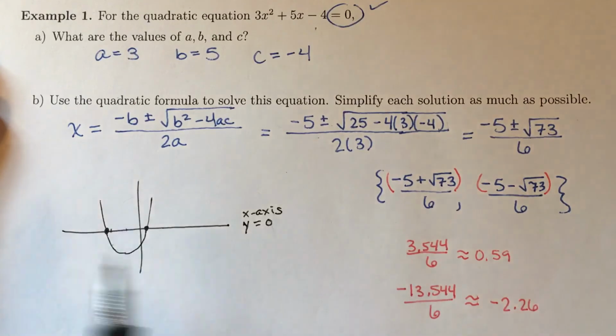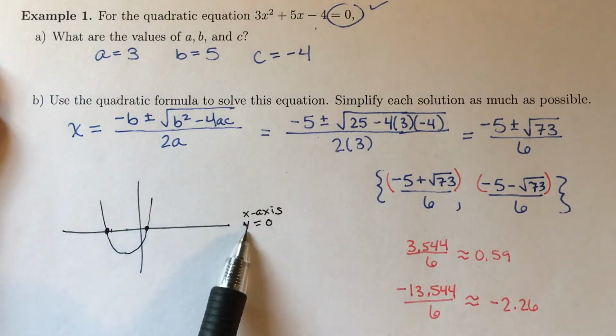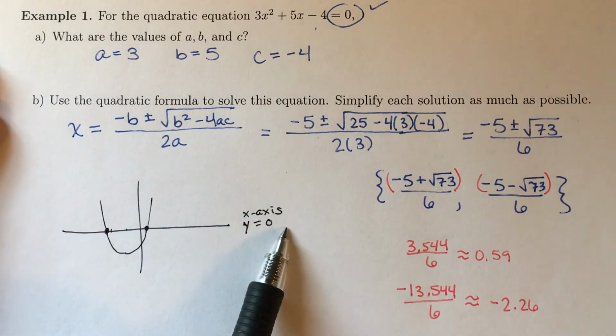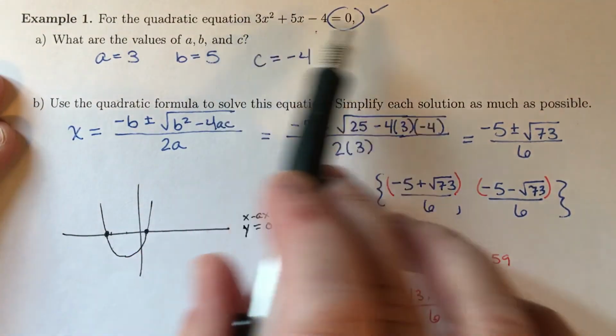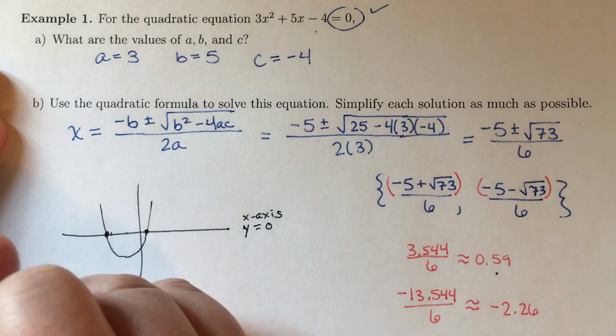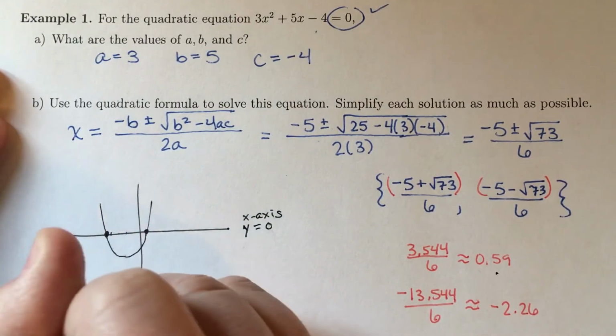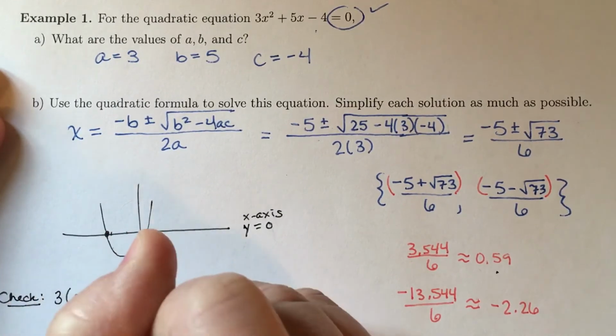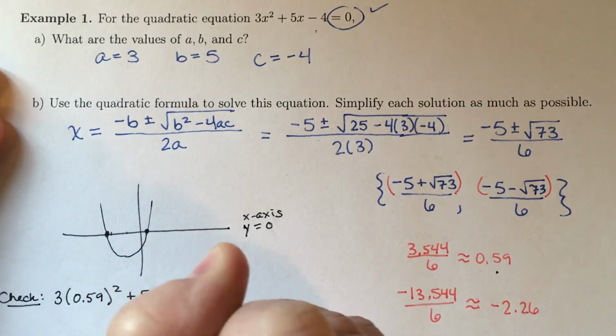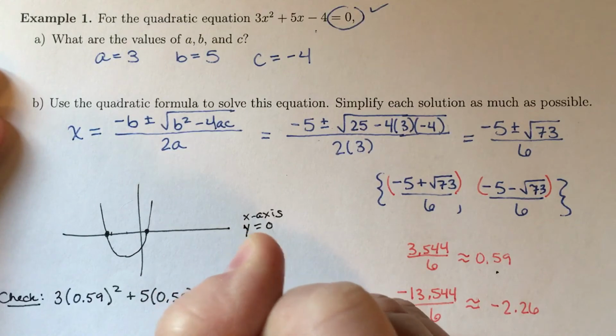The other thing that they are, other than just the two places where the y value is 0, is if we plug these numbers back into the equation, it should give us 0. So that's one way you can check, is to do 3 times 0.59 squared plus 5 times 0.59 minus 4.